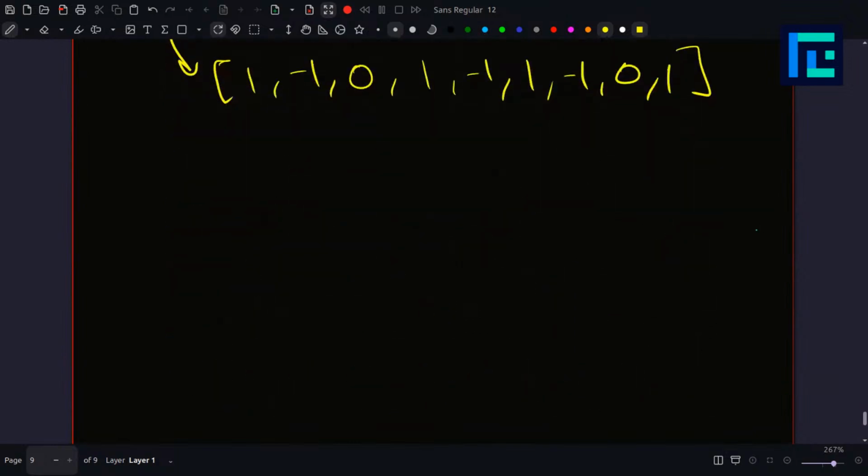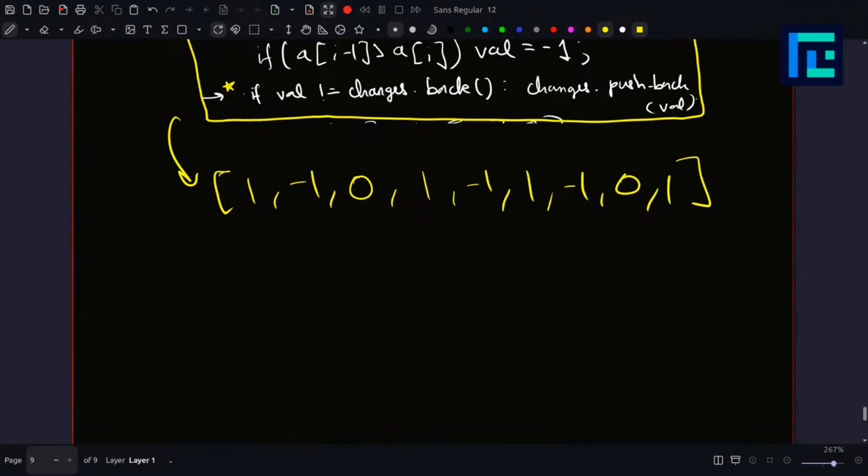That will tell us where our array is increasing or decreasing. If it's a 1, we know that it's increasing. Then it's decreasing for a bit. Then for some time it is staying the same. Then it's increasing again. Then it's decreasing, then increasing, decreasing, staying the same, increasing. So we know the rough structure will be something like this.